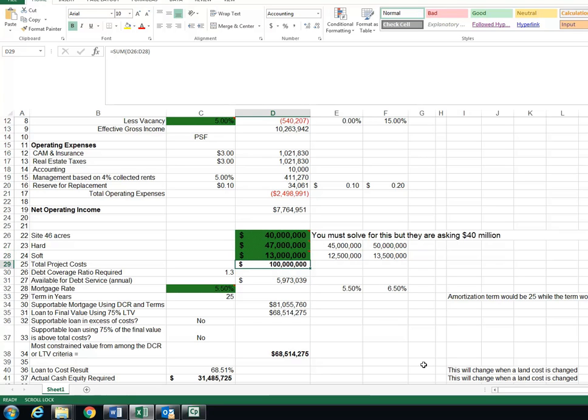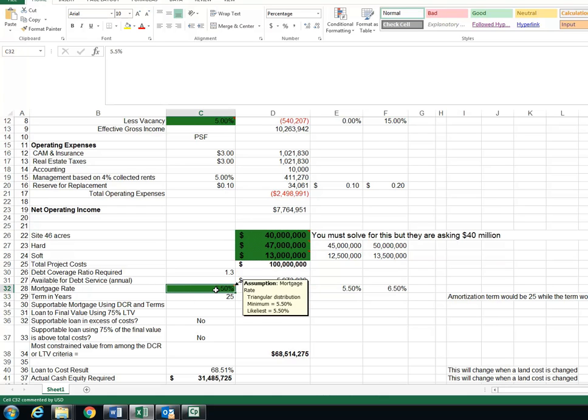Now, again, what can we support with this $7.76 million NOI? Well, that depends on the mortgage rate, which we're going to assume is 5.5% with a 25-year amortization term, and we have a mortgage rate assumption range here, 5.5 to 6.5.